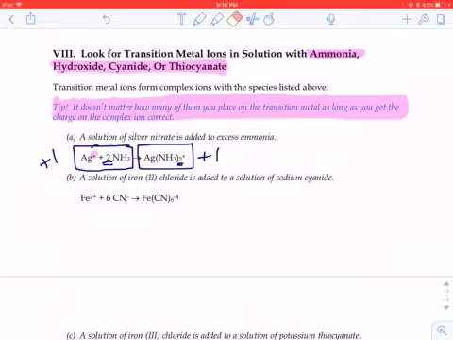So on the left-hand side, you have +2 and six -1s, so the total is -4 when you put those together. On the right-hand side, we just have to make sure our charge matches what's on the left-hand side.